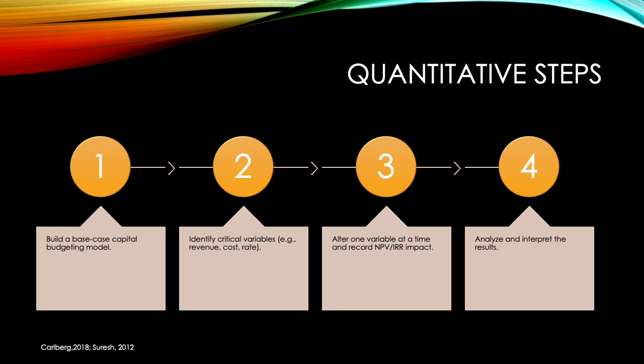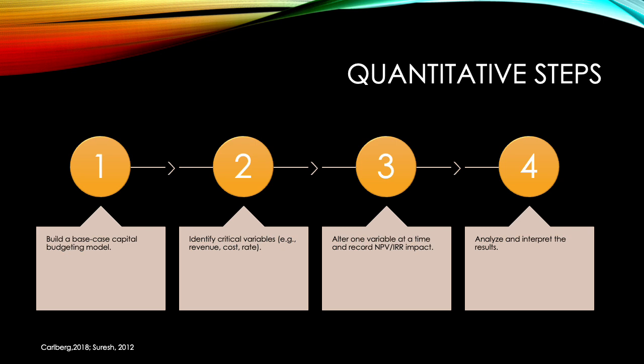First, we start with a base case model. This includes our best estimates for future cash flows, revenues, costs, and discount rates. From there, we begin to identify key variables, which usually involve sales volume, unit cost, or capital expenditures that have the biggest impact on outcomes. Next, we adjust one variable at a time while keeping others constant.